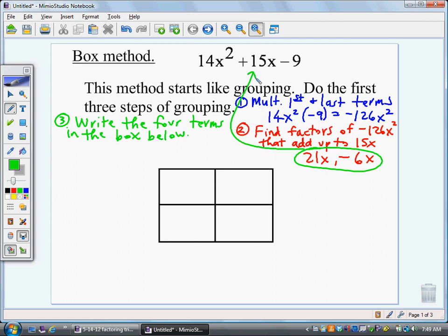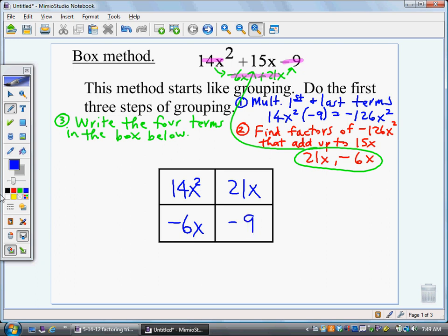You're going to separate this into negative 6x plus 21x. So your 4 terms would end up being this, those 2, and that. And we're going to put those into the box. So 14x squared would go here, 21x here, negative 6x there, negative 9 there.